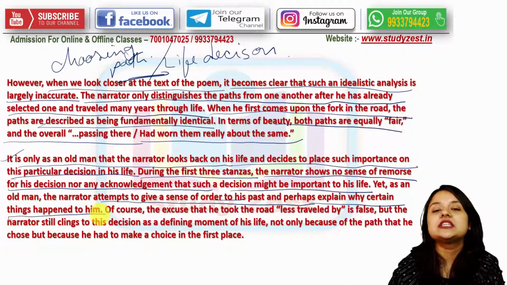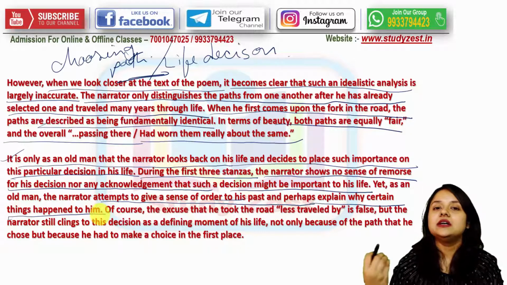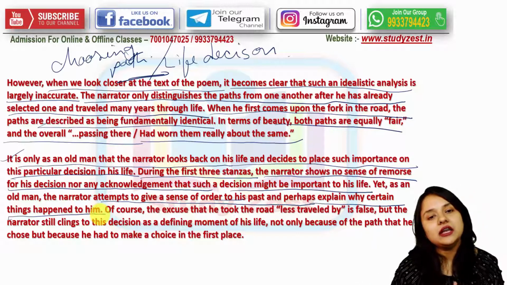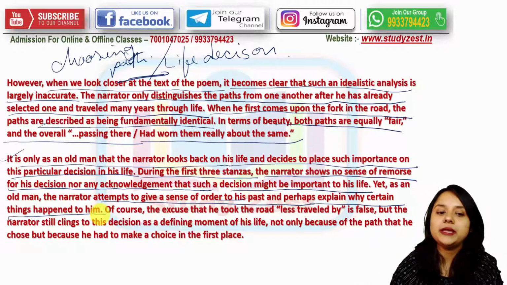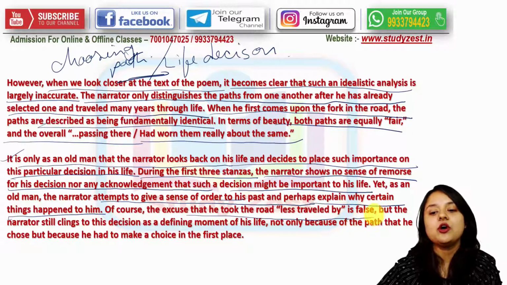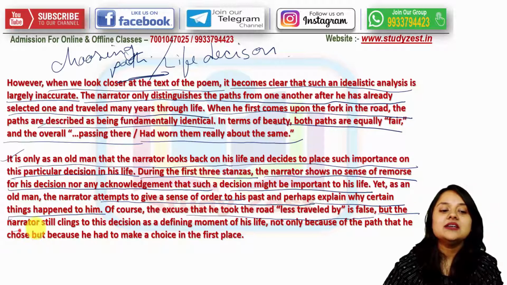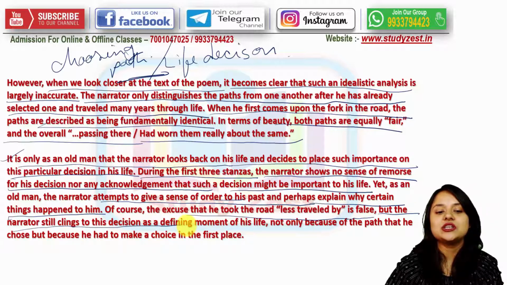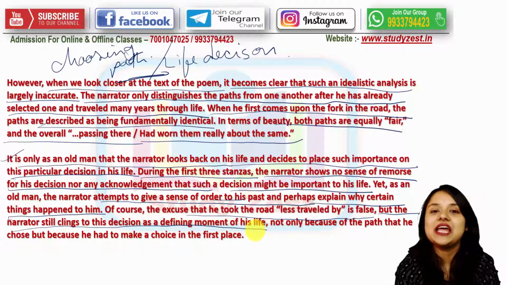He wanted to explain these, that as a life choice that I had made, the life I had lived has happened to me. Of course, the excuse that he took the road less traveled by is false, but the narrator still clings to his decision as a defining moment of his life.